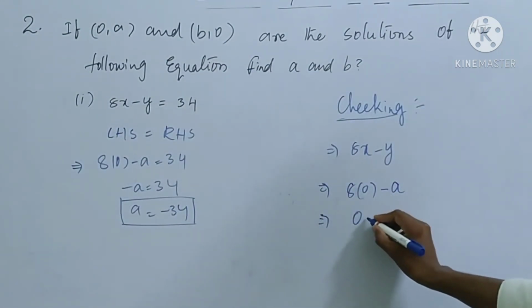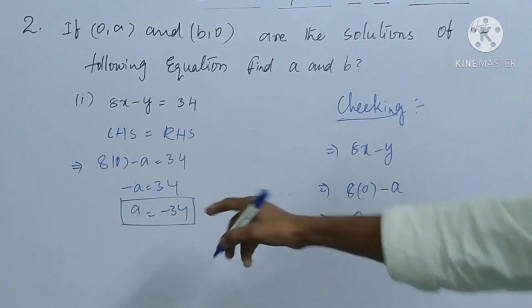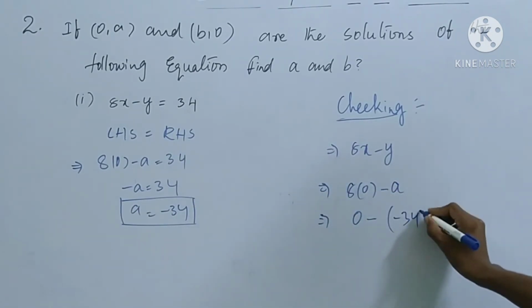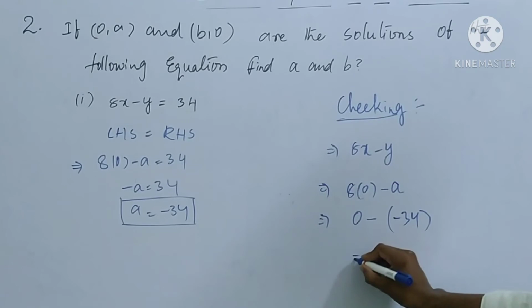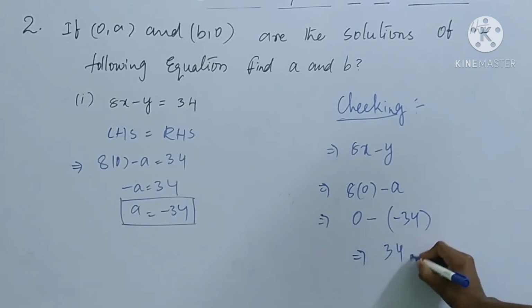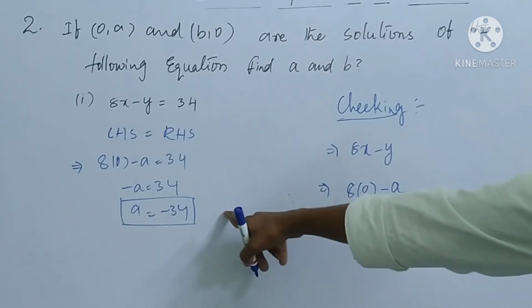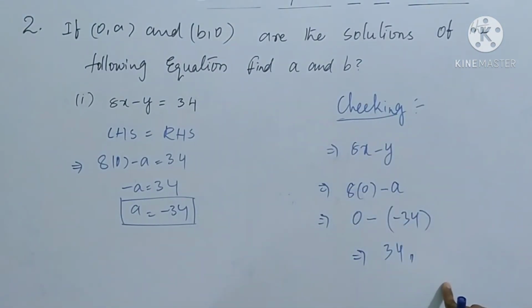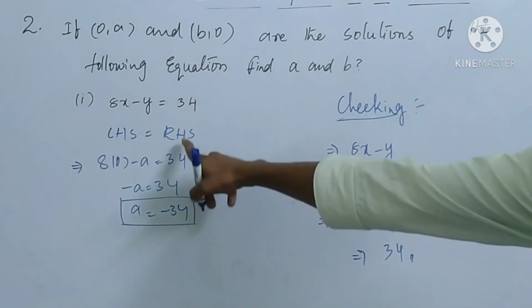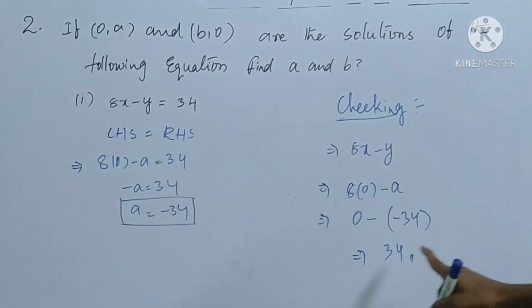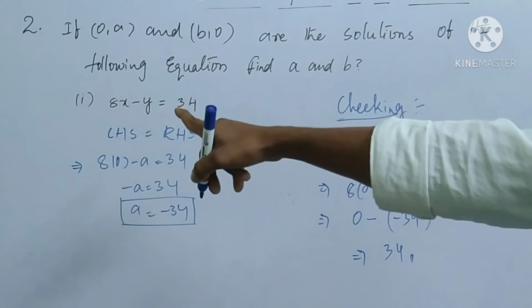The result is 0 minus of a, where a is equal to minus 34. So minus into minus is plus 34. So the given result when a is equal to minus 34 satisfies the equation. Here LHS is equal to RHS. So a is equal to minus 34 satisfies the given equation.